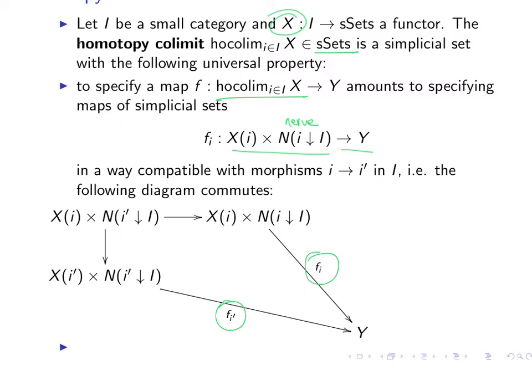Intuitively, the original diagram was made out of these things. We've thickened them a little bit by adding these nerves, and then we just take the ordinary colimit of this new thickened diagram.